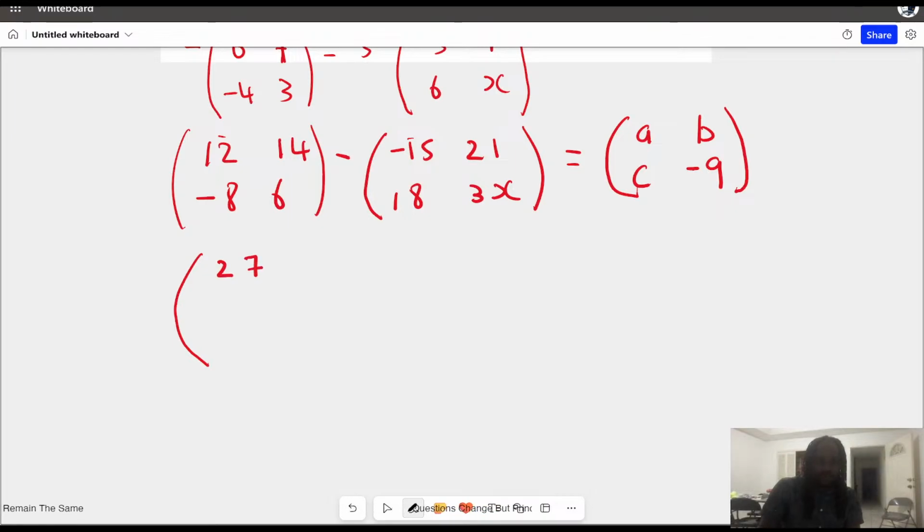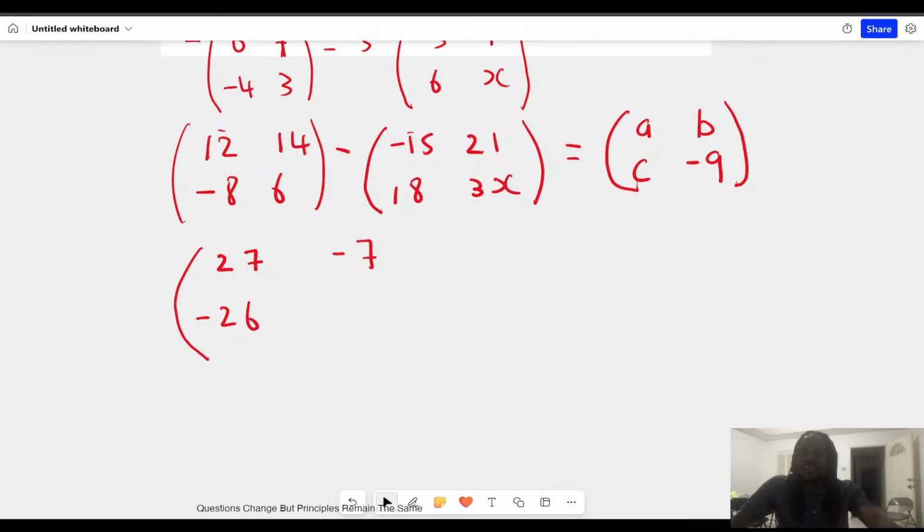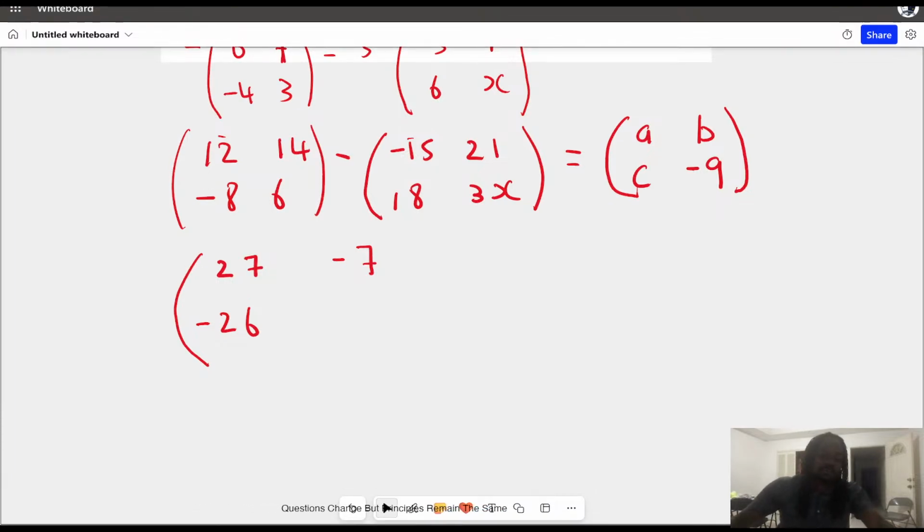Alright. 14 minus 21, negative 7. Negative 8 minus 18, negative 26. 6 minus 3x. Don't tell me 3x. Don't tell me negative 3x. Do not do what you never learned, because I'm 100% sure none of you ever learned that before. So 6 minus 3x is 6 minus 3x.